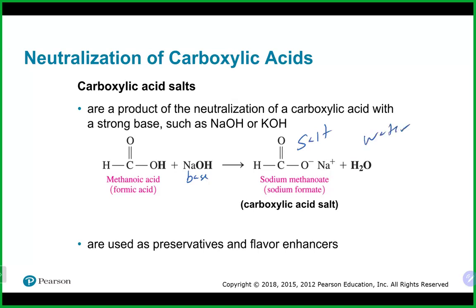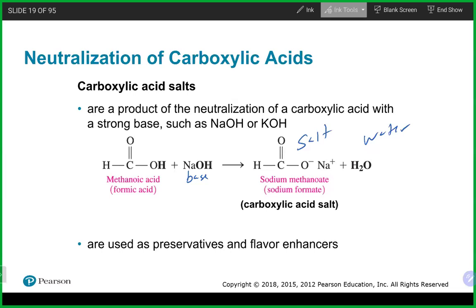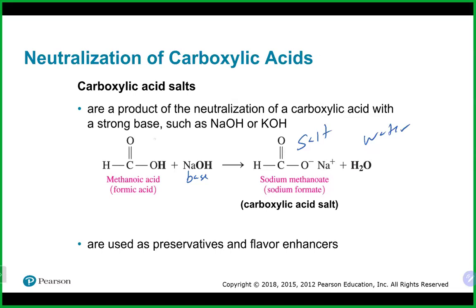And it works the same way, just like it did when we talked about it in chapter 10. The H from the acid, which will always come from the OH part of it in this case, and the OH here from the base, that is what makes our water, right? H and OH will give us our water.